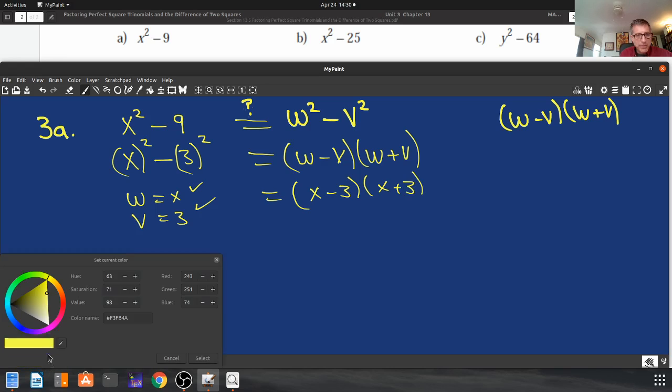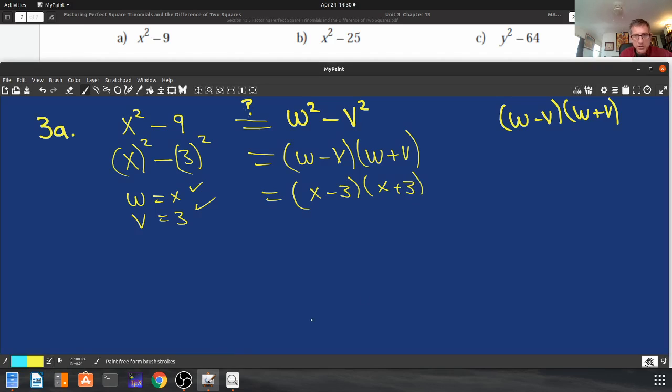Just for a reminder, I always get these questions, and this is exactly the same as x plus 3 times x minus 3, because this is one factor, x plus 3, times another. So this is really multiplication. I write x minus 3 first because we have an x there, but it doesn't really matter. So the answer was yes, this is a difference of perfect squares, so its factorization is immediate, x minus 3, x plus 3.